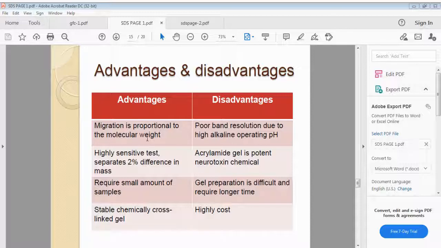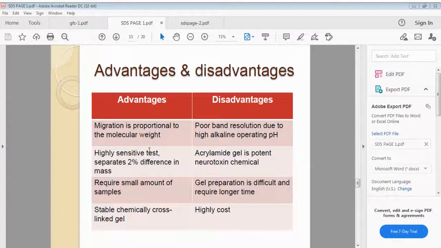Okay, so depending on the difference in the size, they get separated, and the principle is based upon the charge. They move only towards one direction. It does not move in both directions. All the protein molecules are negatively charged, so they move towards the anode. The ones which are smaller migrate faster. The ones which are larger migrate slower because of the size.